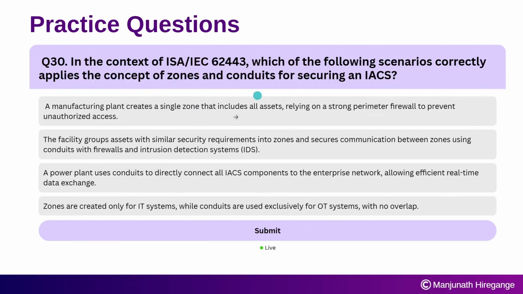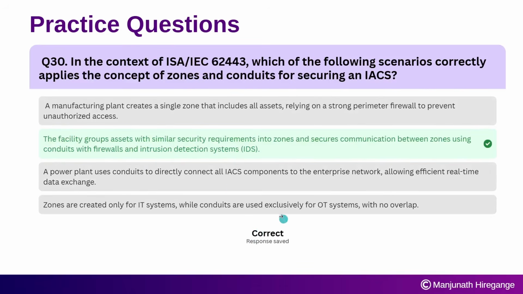concept of zones and conduits. So you have to think in all angles which suits the definition of this or applies the zones and conduits. So the right answer is grouping assets with similar security requirement into zones and secure communication between zones using conduits. So let us understand why not A. Here we are talking about a single zone, right? So it violates your principle of segmentation, which is basically why we have to create zones.